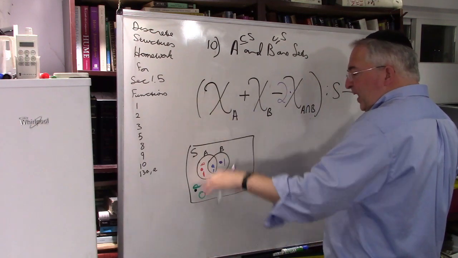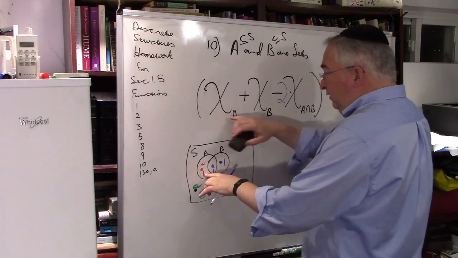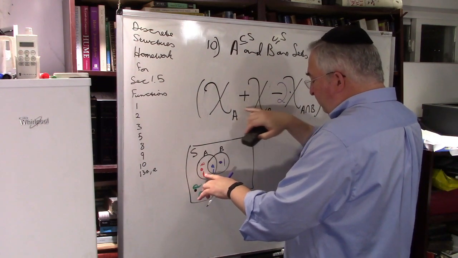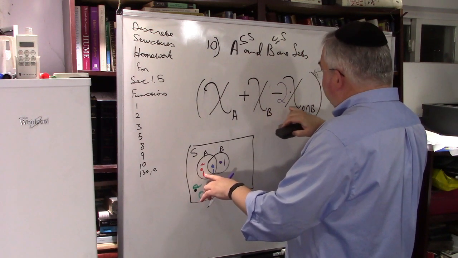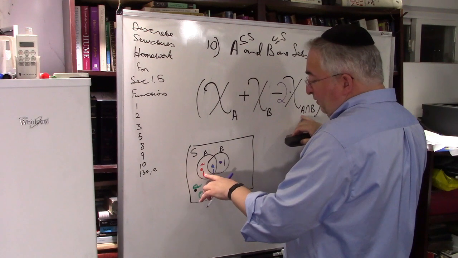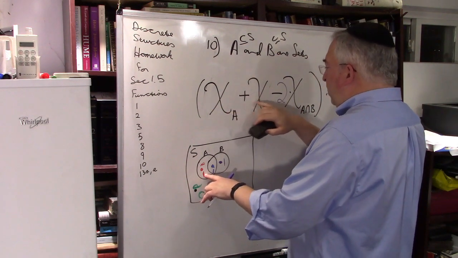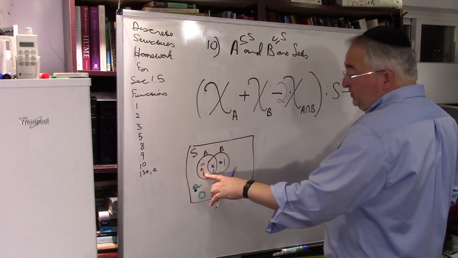In here, it's going to output a 0. In here, it's in A, so it's plus 0 minus 2, no, it's going to be a 0 here too. So it's 1 plus 0 minus 2 times 0, which is 1.